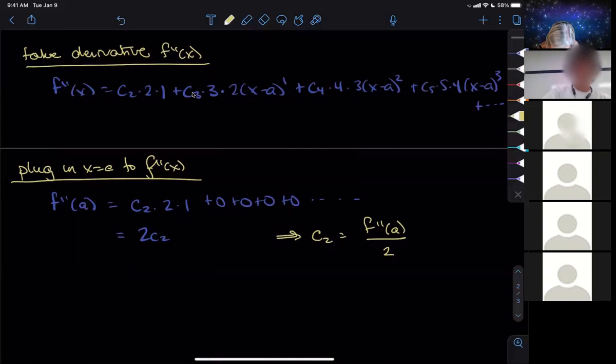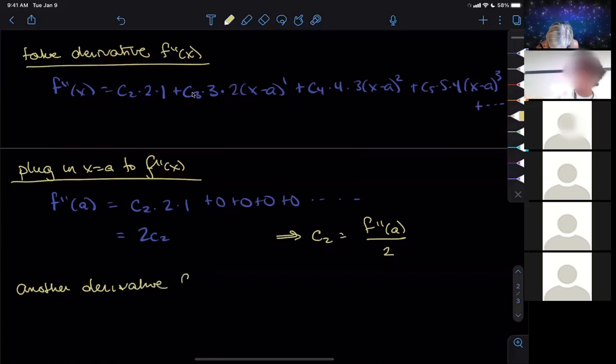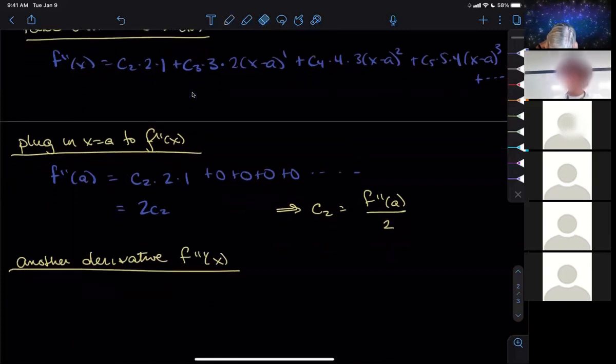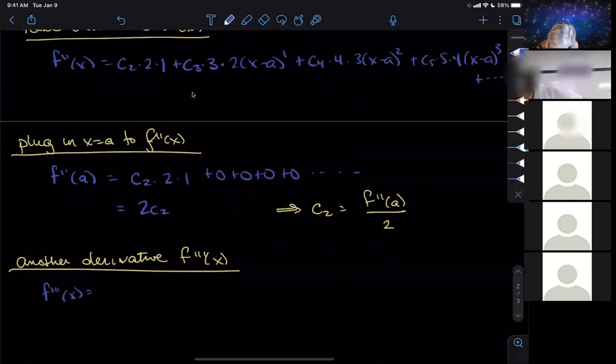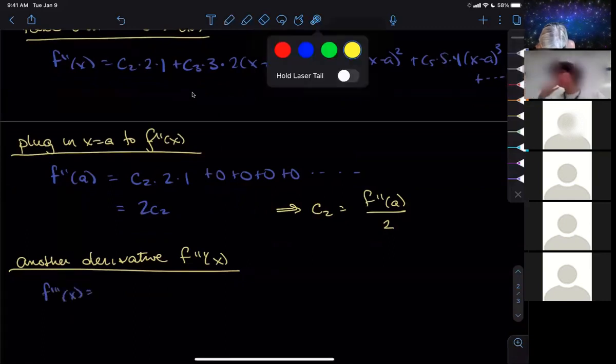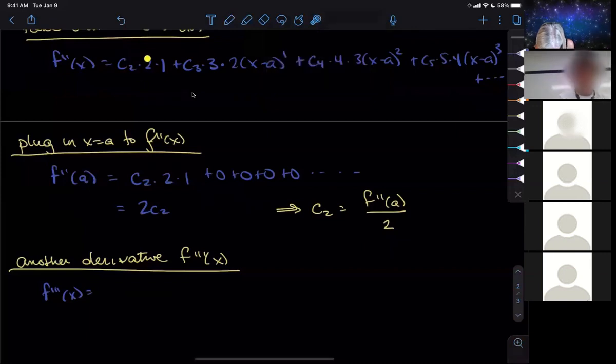Okay, let's just keep doing steps until we see exactly what it's going to be. So another derivative, f triple prime. All right, so f triple prime of x is, just as before, the constant term goes away. Now I've got a c3 times 2, derivative of that is 1.